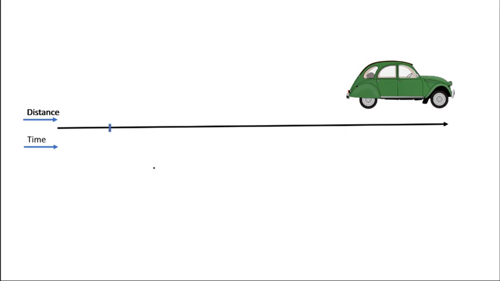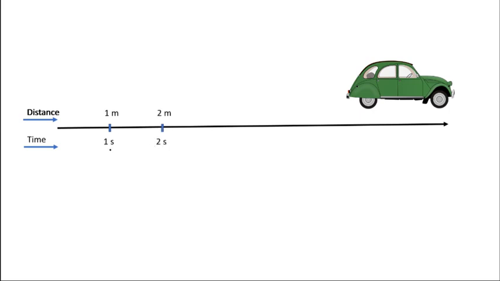Let's take this is 1 second time, right? When 1 second gets over, a car covered a distance of 1 meter, let's assume, right? And for the next second, one more second passed on.